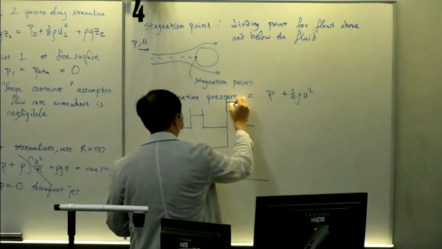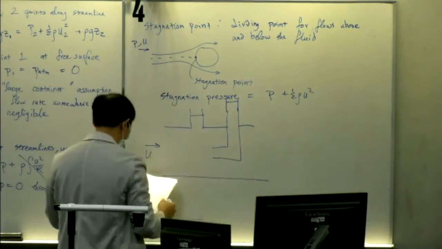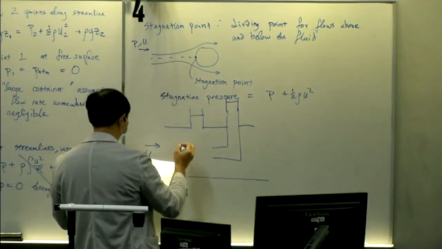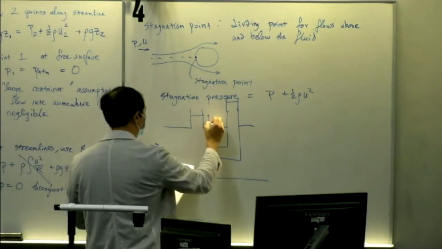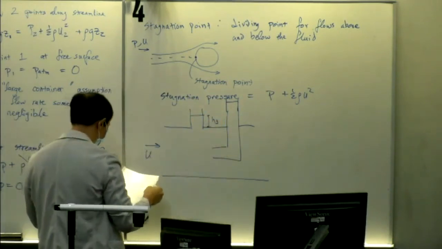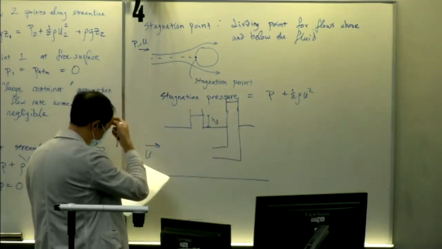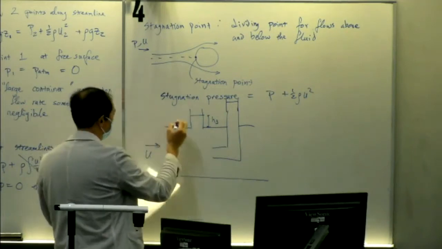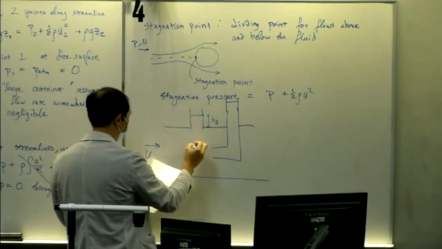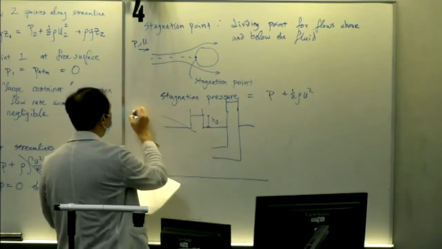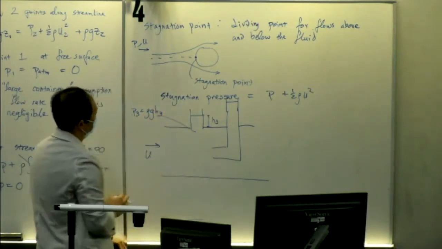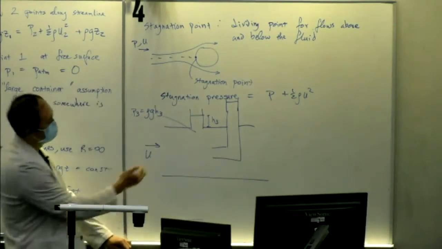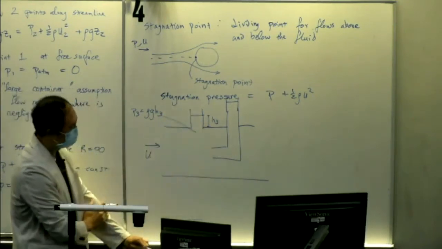To make this similar to that one, I'll make this height a little larger. The pressure right here is going to be rho g h3. That's supporting the weight of the fluid on top, so that's just from force balance.